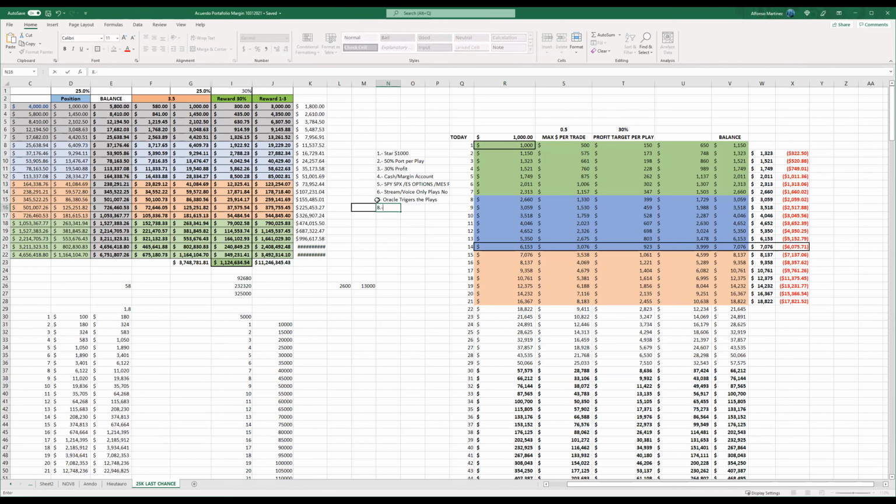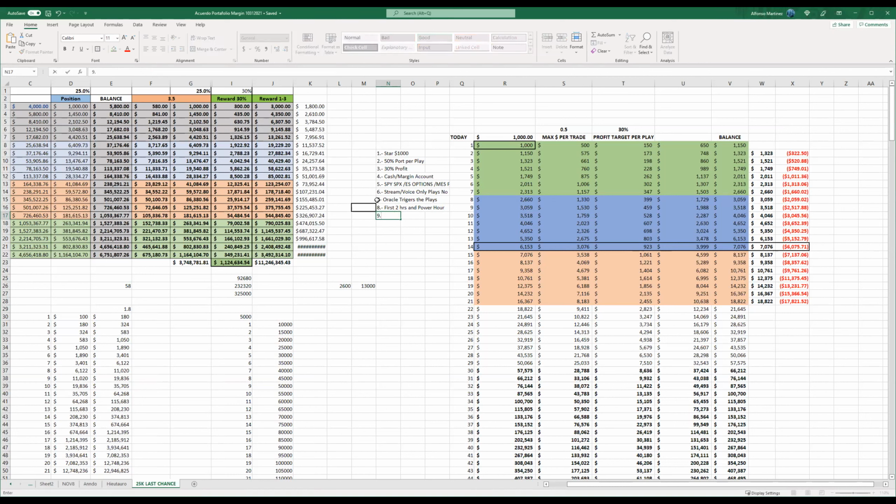Very likely the entry is going to come in the first 2 hours. Most of the trades are going to be more or less there.